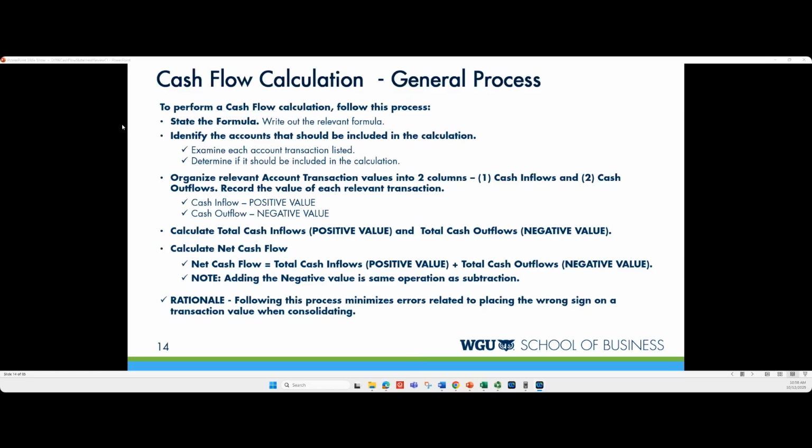Now keep in mind, adding a negative value is the same operation as subtraction. I just like to keep it all one operation so that it's organized and we're not dealing with different signs. Following this process minimizes the probability of putting the wrong sign on a transaction when you're consolidating them. That's why I like it.